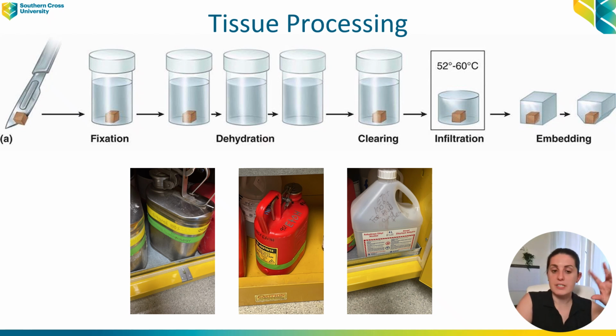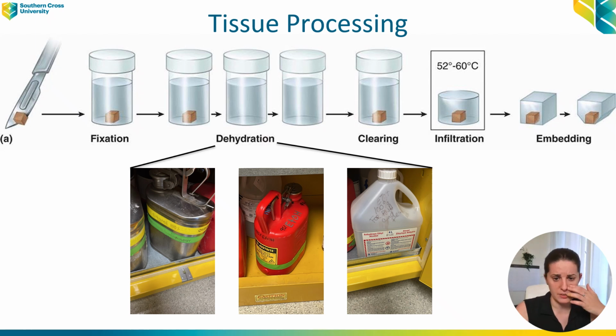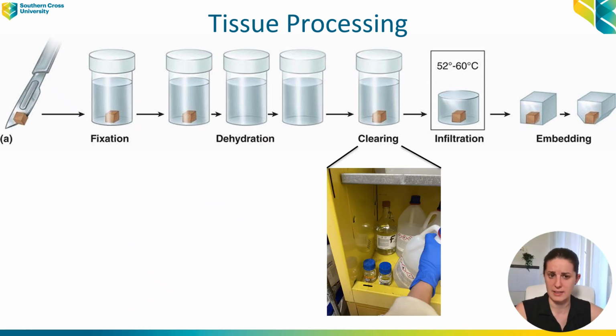After you've dehydrated your tissues with increasing strength of alcohol, then you're going to want to clear the tissues of the dehydrating agent. An example that I often have used for that is xylenes, but there are different clearing agents to remove the dehydrating solution.